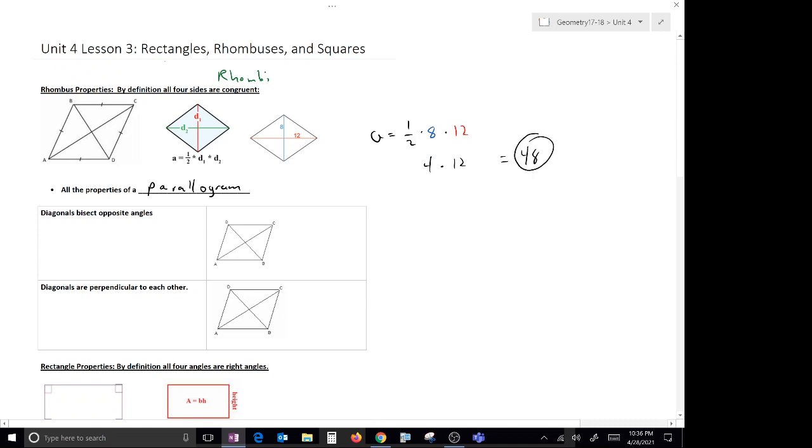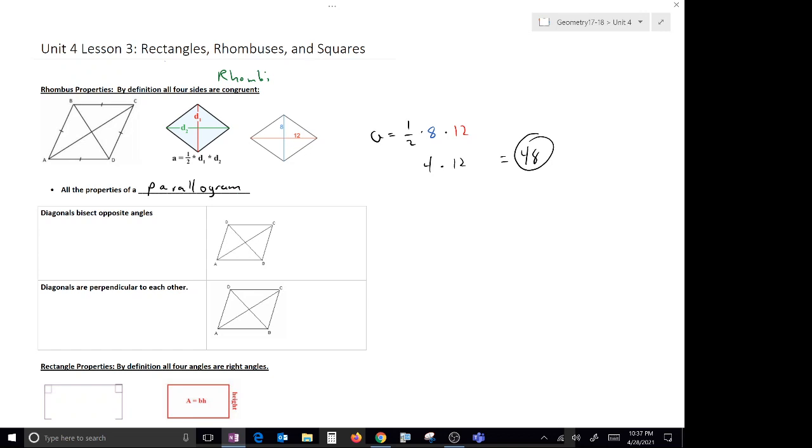That would be our area. I'm not too concerned about you guys memorizing area of anything other than the parallelogram, which also, by the way, would also work on a rhombus because it's also a parallelogram. So if you had the base and the height of a rhombus, you could get that as well.